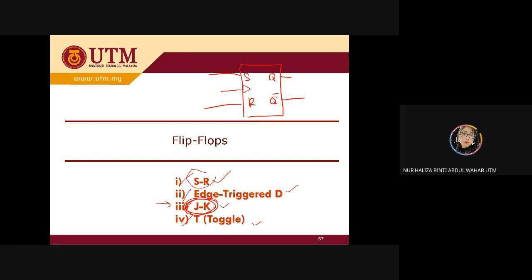This one is the CLK, clock. For this icon, it will be active high. If you got a bubble here, it is active low. Similar to our lectures yesterday, only in terms of this is the clock.